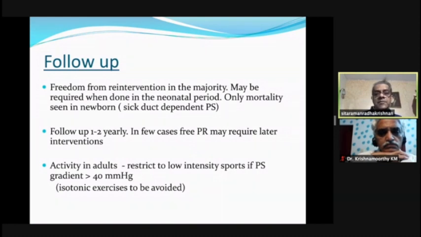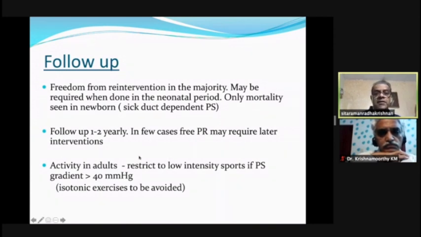Except there is a small group of neonatal pulmonary stenosis who come to you at a very sick stage. They are duct dependent. They have a mortality of approximately 10% even now because of various reasons.